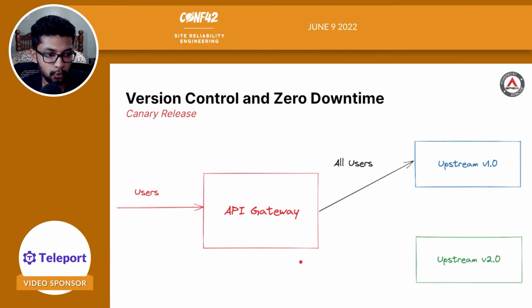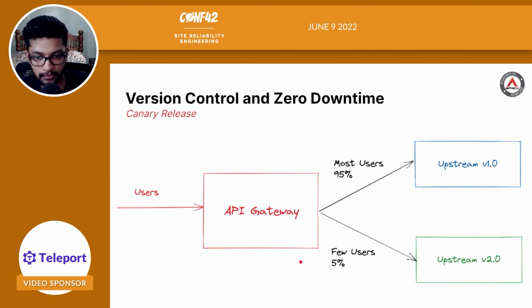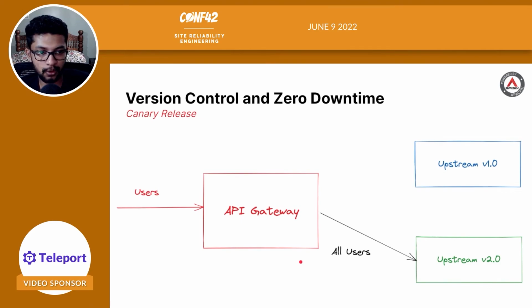When we have a new version ready, we will direct a small portion of the traffic to the new upstream. An API gateway can be configured to do this dynamically, and based on the results from this traffic to the new version, if it is working fine, you can slowly increase the traffic until all the traffic is directed to the new version.